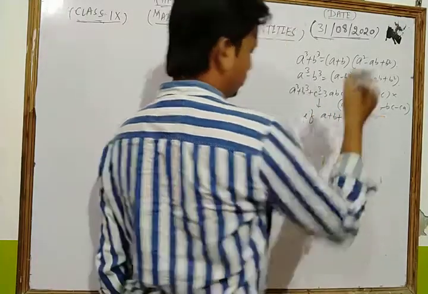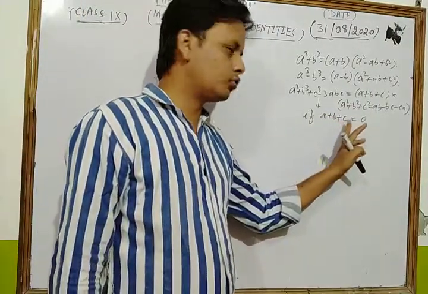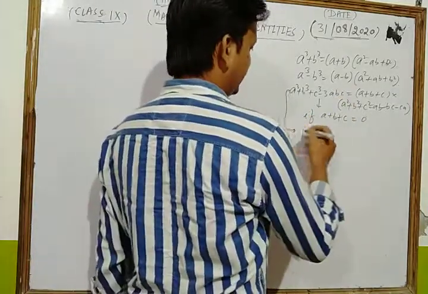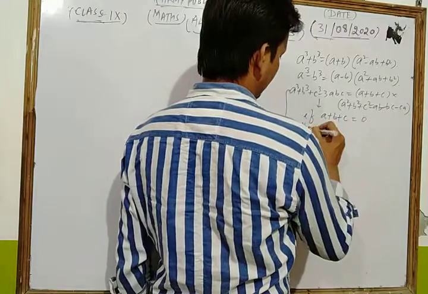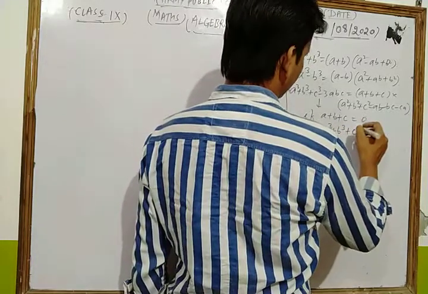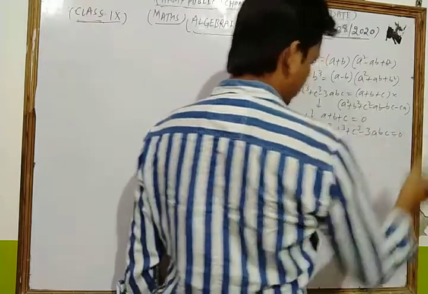is equal to 0. Dear students, if a plus b plus c is equal to 0, then the value of a cube plus b cube plus c cube minus 3abc is equal to 0.